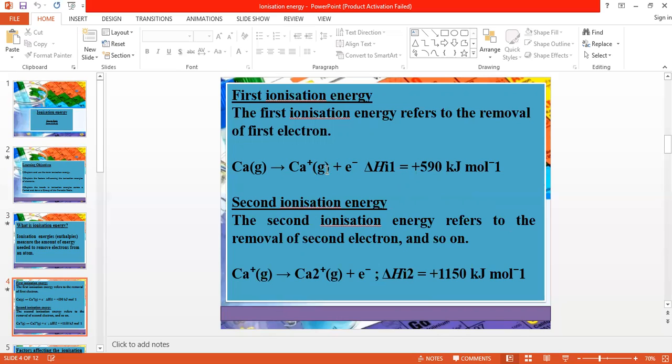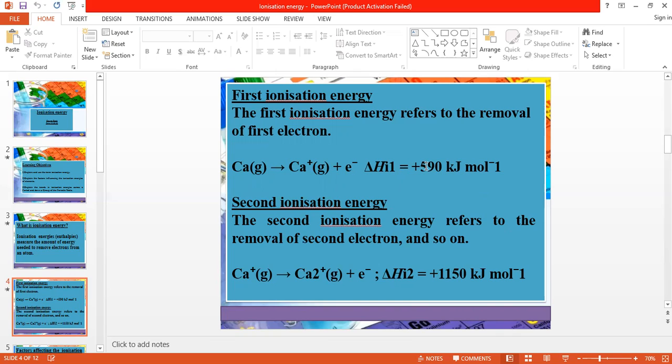So when you remove one electron, the amount of energy needed to remove it is plus 590 kilojoules per mole. This amount of energy required to remove one electron we call ionization energy.